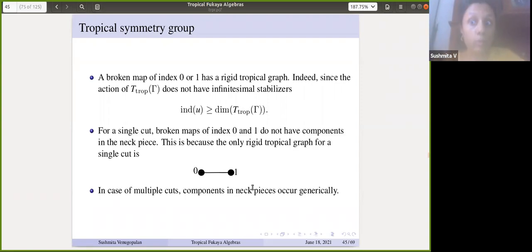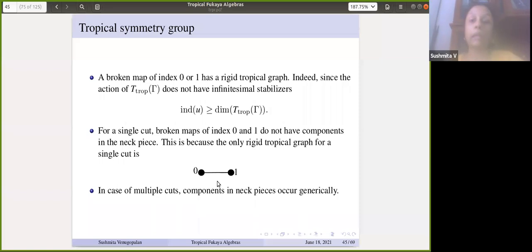So let's go back to the case of a single cut, which we understand well. In the case of a single cut, the only rigid tropical graphs are these line segments with vertices in 1 and 0. Because if you put a vertex in a neck piece in the middle of the line segment, then we are free to slide that vertex back and forth on the line segment.